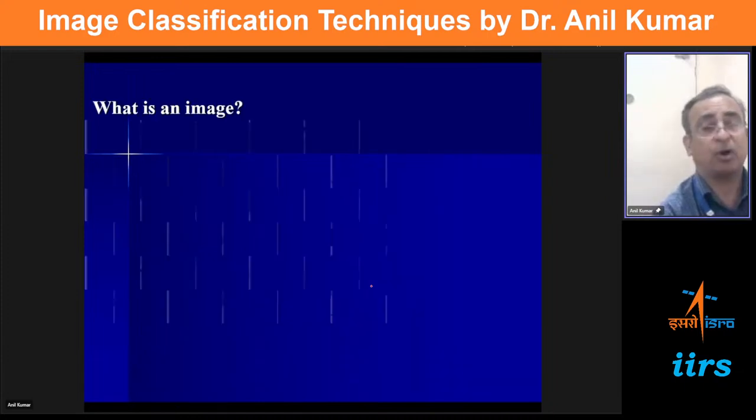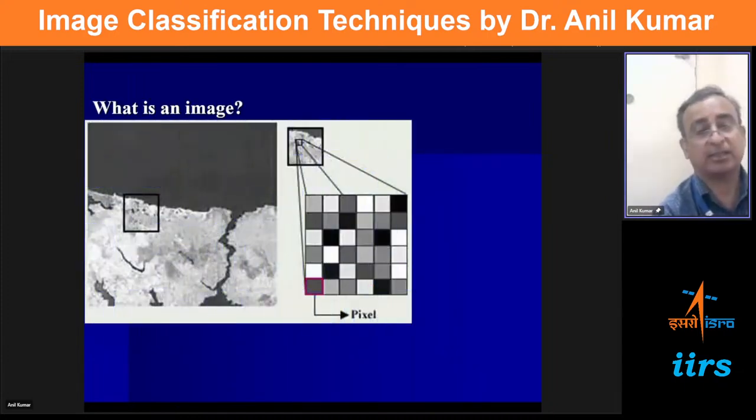Parallelly, we can see the example of a satellite image. This can be a panoramic image, where you are seeing this to be water, and this can be a land area. Now, if you take this small portion of this image and zoom it here, what you get is just black and white or gray type of pixels. So these squares are called pixels.